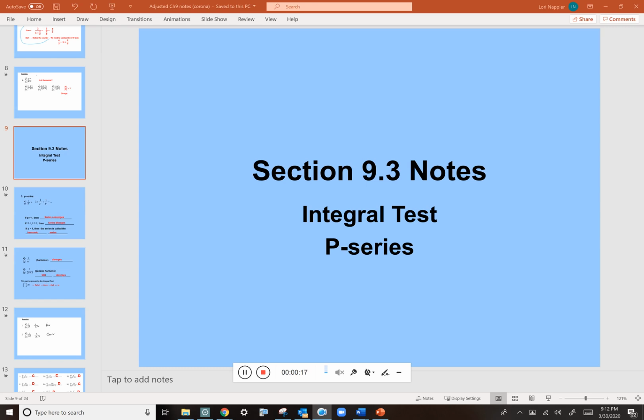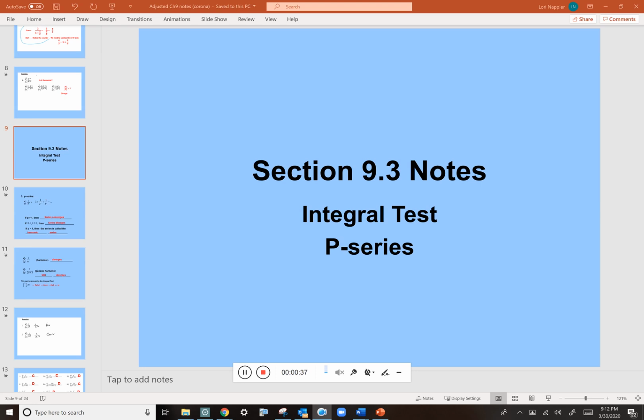To get started, I want to remind you that they've cut back on some of the topics that we actually need to cover in this unit. So I'm going to take one step back and then move forward. Just to remind you, we've been really focusing on geometric series, so that's the first one that they say we really need to know from this unit.